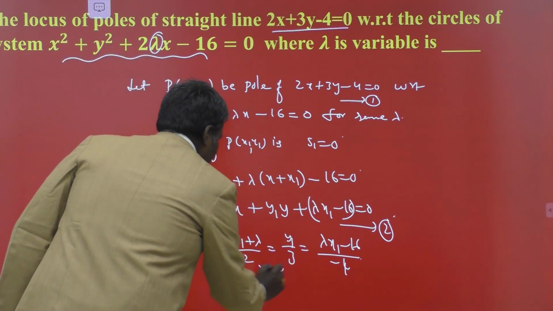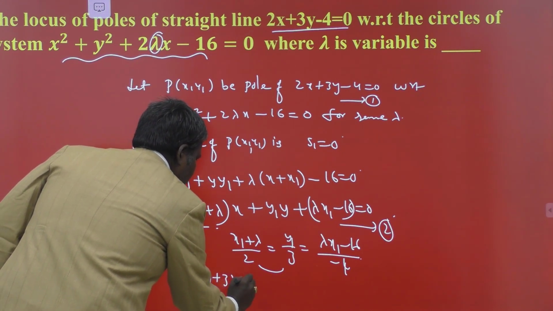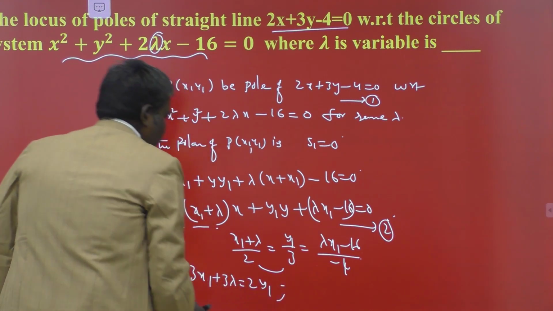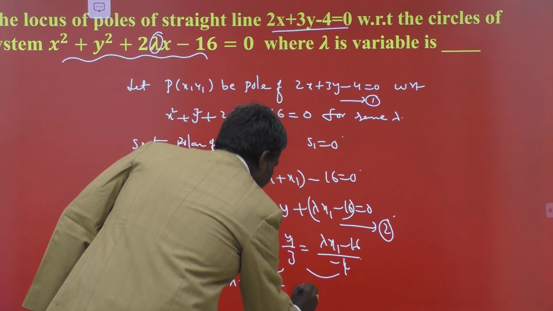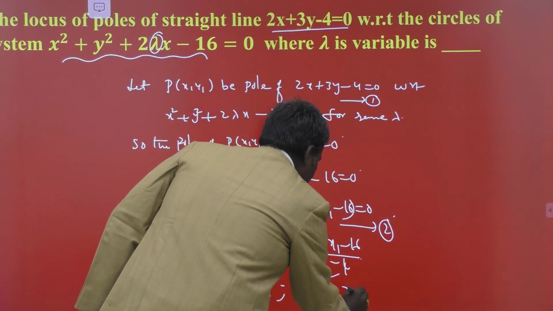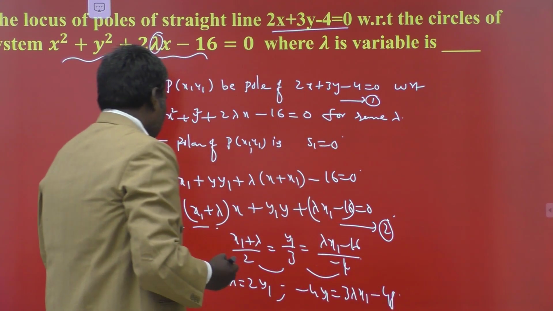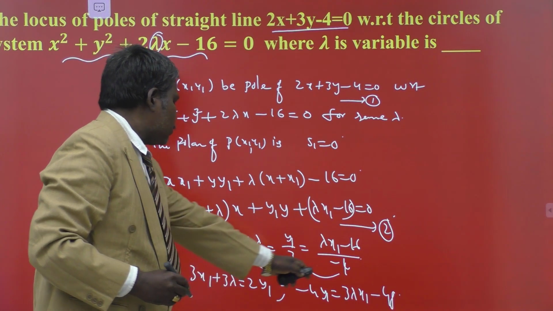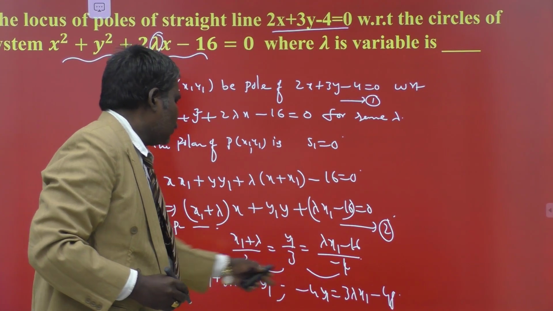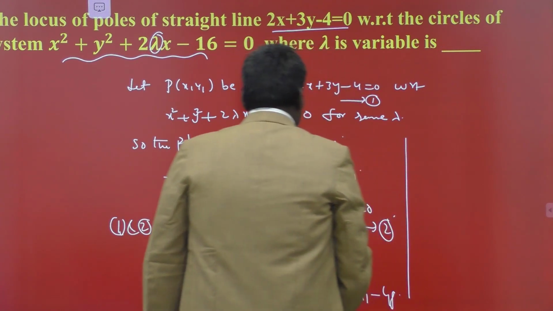From the first two, 3x1 plus 3 lambda is equal to 2y1. And from the last two, minus 4y1 is equal to 3 lambda x1 minus 48. We have the 3 lambda value. Substitute the 3 lambda value there. We eliminate lambda itself. We get the required locus.